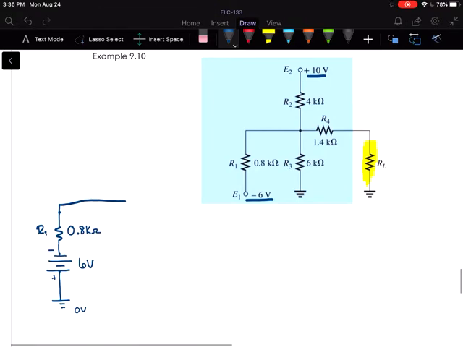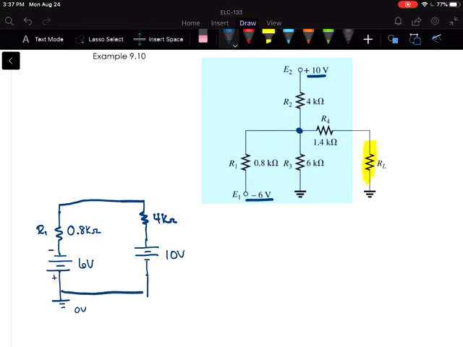Now, right here, we have the 6 k ohm and the 4 k ohm connected. I'm going to put the 4 k ohm down this way. As long as it's connected at the same spot, it can be on the other side, and it goes to a 10-volt source. I'm just going to draw that in too, because sometimes it's nice to see that. And that also goes to ground.